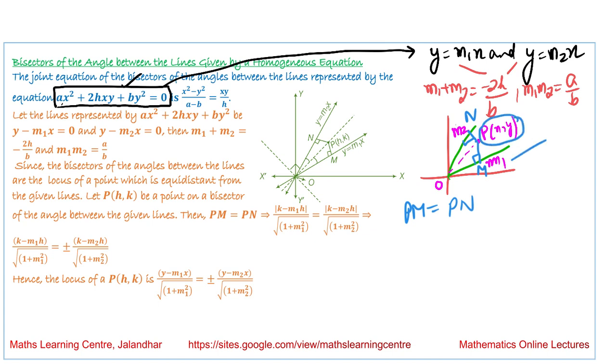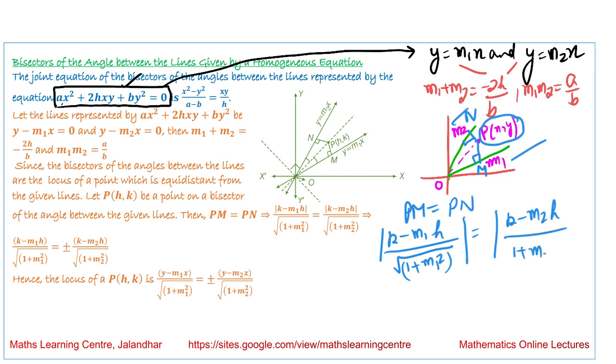We know the equation of these two lines. So the distance of the point P from these two lines is given by mod of (k minus m1h) divided by square root of (1 plus m1 square), and that should be equal to mod of (k minus m2h) divided by square root of (1 plus m2 square).